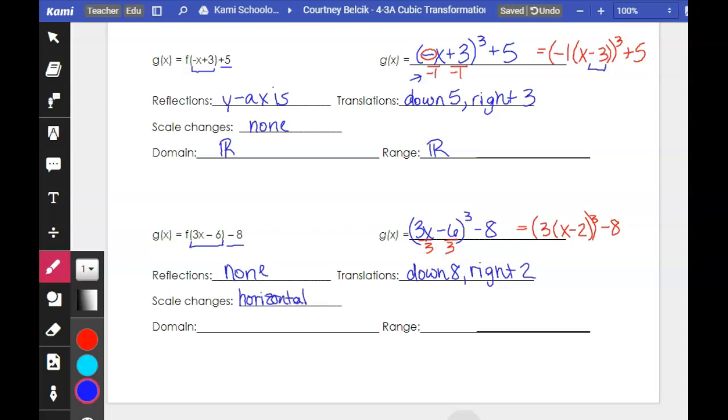It's a big number, but anything in parentheses is a lie. So instead of stretching with the big number, we compress. And we compress by the reciprocal of 3. Well, the reciprocal of 3 is 1/3. So we're compressing by a factor of 1/3. We didn't restrict the domain. We didn't restrict the range.